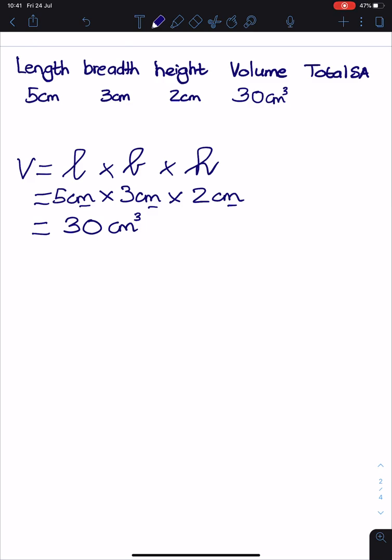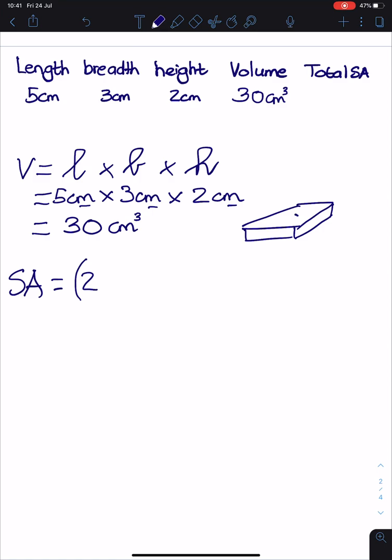Right, let's look at the total surface area. Let's write our formula down first. Surface area is 2. Remember the sides of the rectangular prism. There is a top and there must be a bottom.